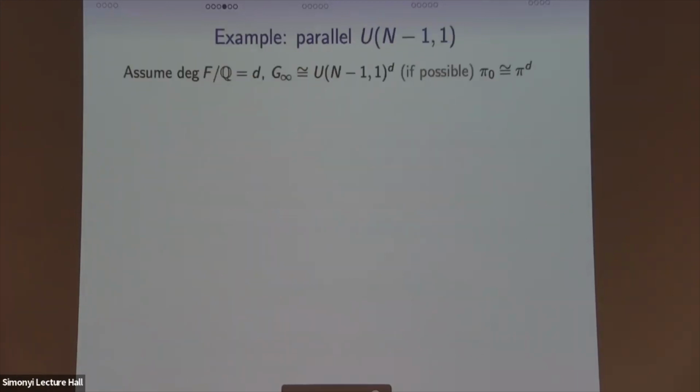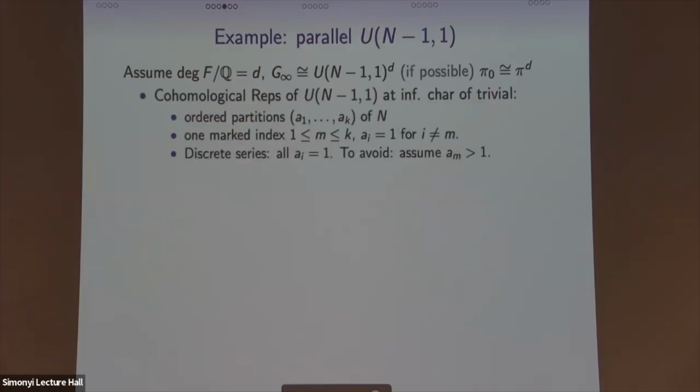We can also look at a specific case where it's easier to state what all this combinatorics is. We can look at U(n-1,1), or a bunch of different U(n-1,1)s at all the infinite places. So we're going to assume that the degree of F over Q is d, G infinity is U(n-1,1) to the d, and pi naught is just going to be a parallel, diagonal thing, the same cohomological representation in every infinite place.